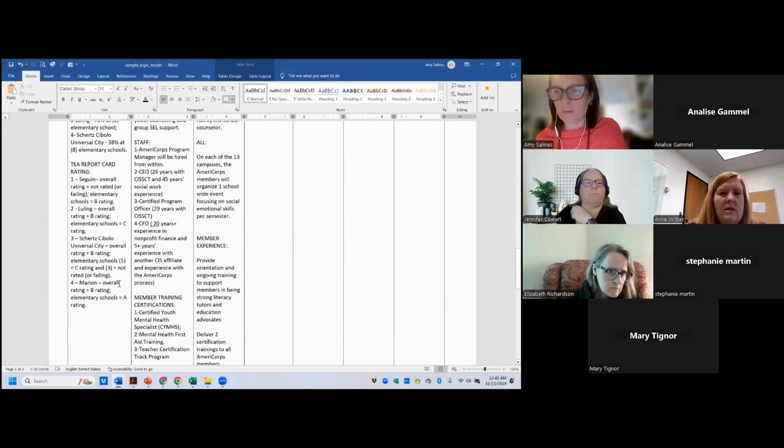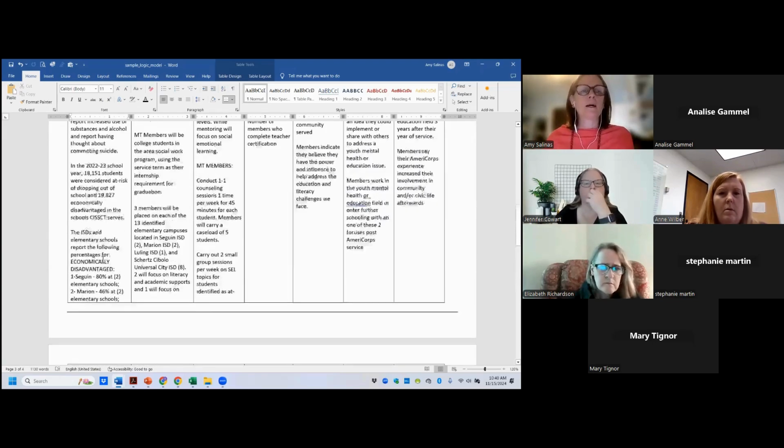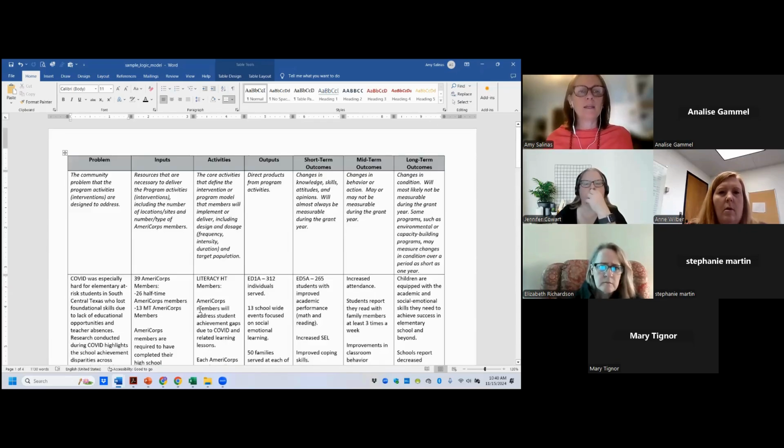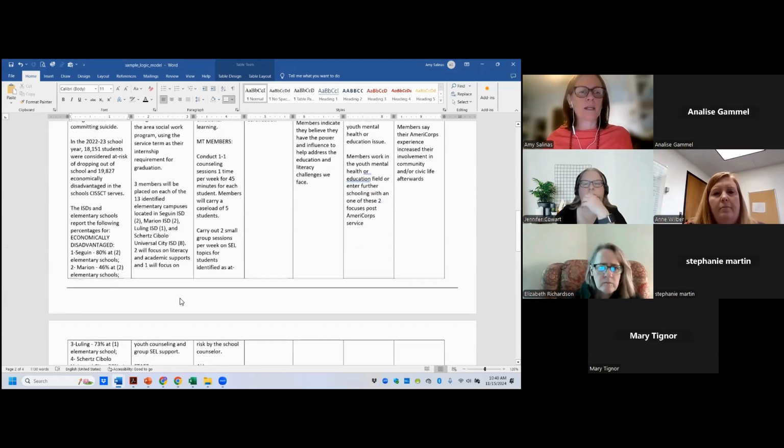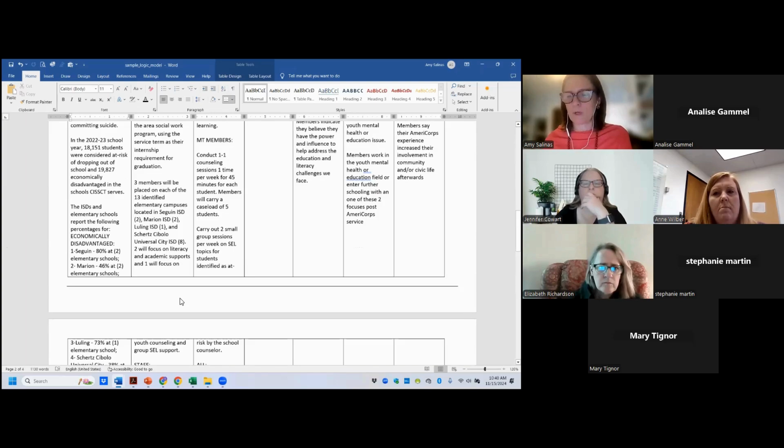I'm not saying this is the most perfect logic model, but it's a good start. And then I think ideally I probably would have also added maybe that there's been some retention issues with staff at the schools, both counselors and teachers.